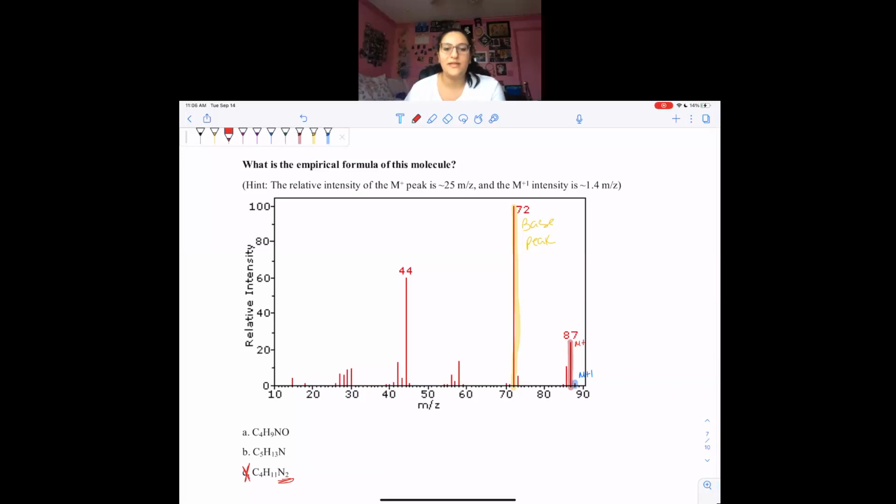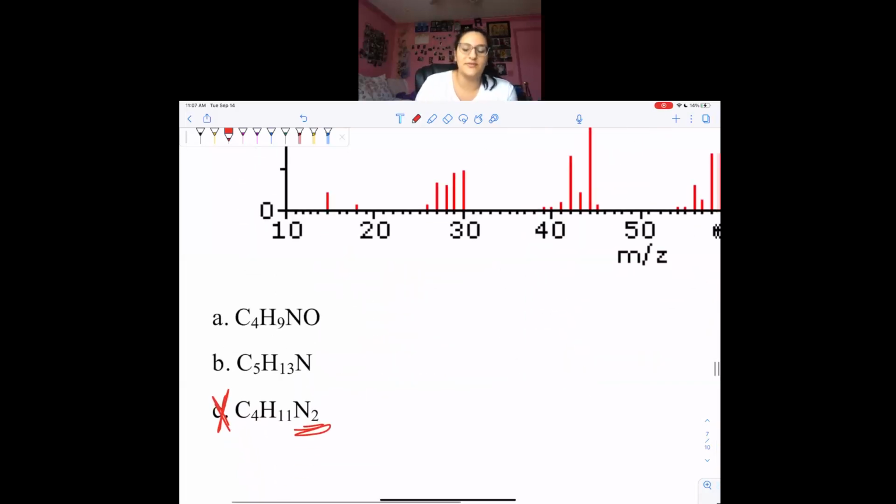And then between A and B, the way we figure out which one is correct is just by finding the mass. So for this one, we have 12 times 4 plus 1 times 9 plus nitrogen is 15 plus oxygen is 16.